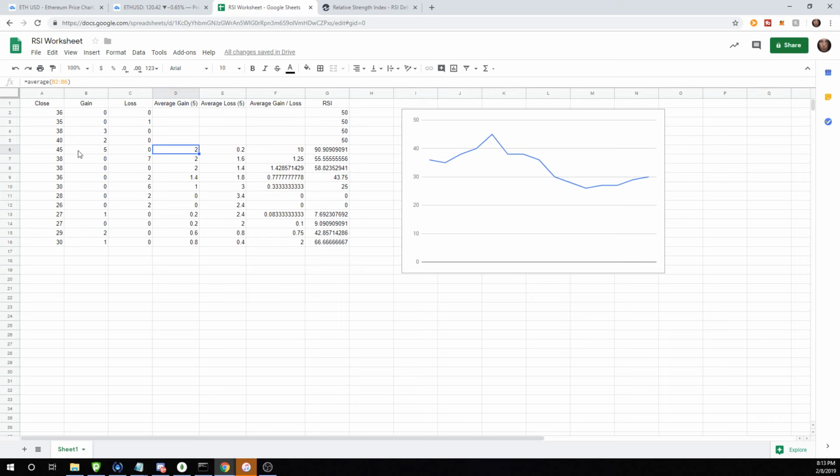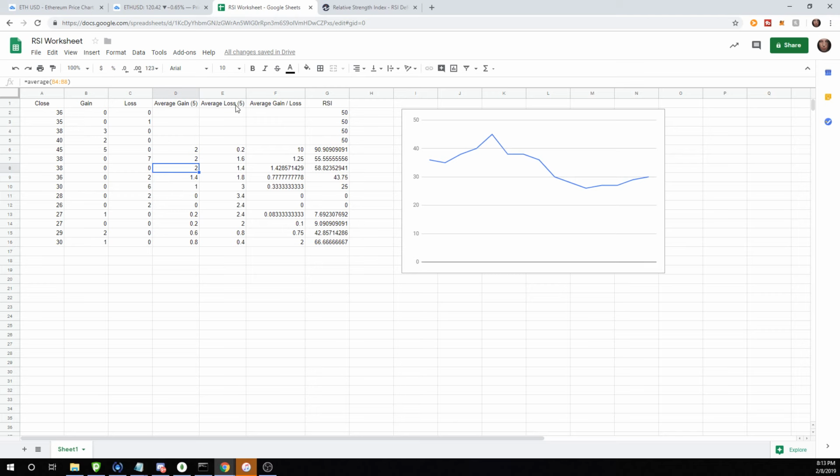We're computing the average gain over the past 5, right? Same thing here, and same thing here. So what's happening is there's a sliding window that's moving down. Every number that we're computing is a sliding window that looks back 5 and computes the average of what we're seeing, okay?